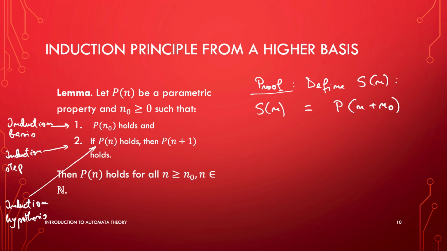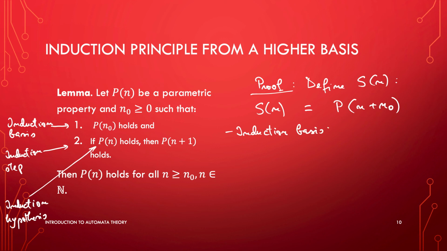And if I prove that S holds for all natural numbers, then obviously I get that P holds for all natural numbers greater than or equal to n0. So the aim is to show that S holds everywhere. And we are going to do that by induction, using the standard formulation of the induction principle. So we have to establish the induction basis.